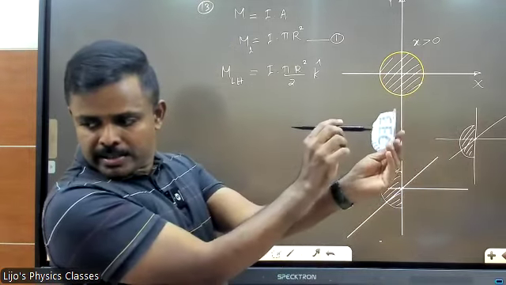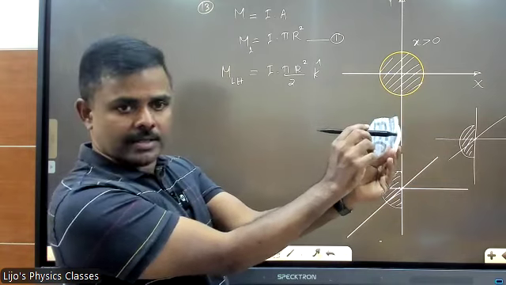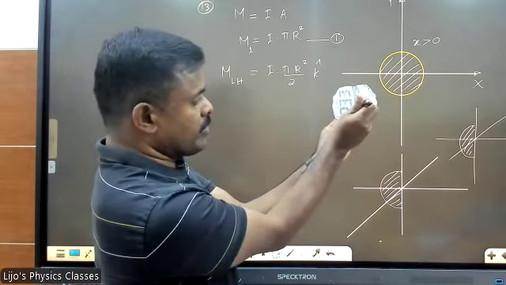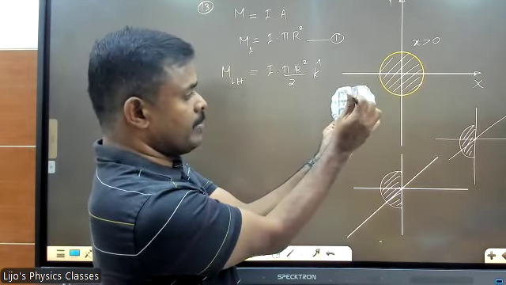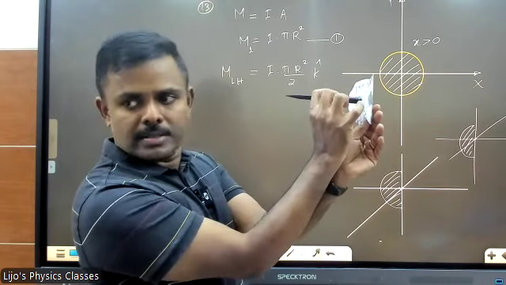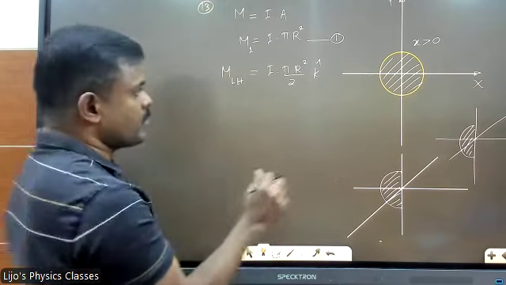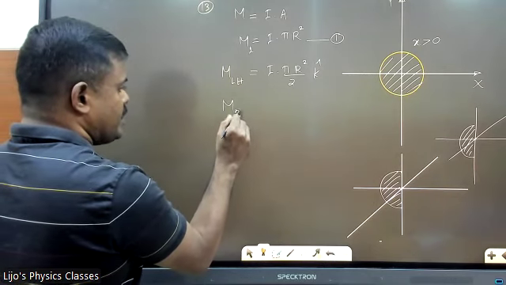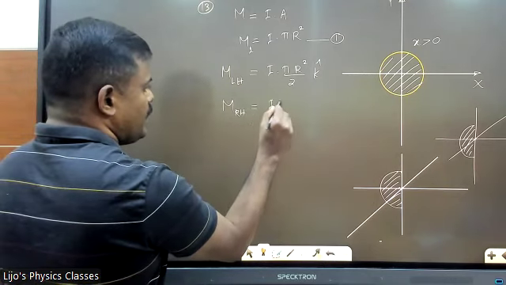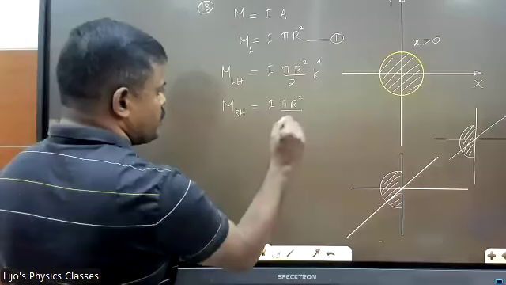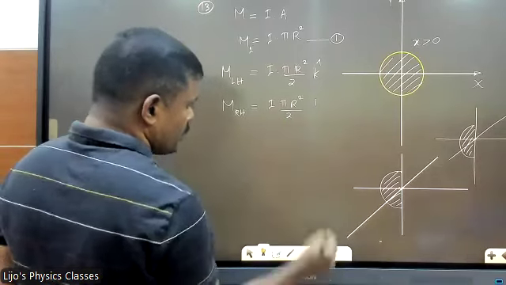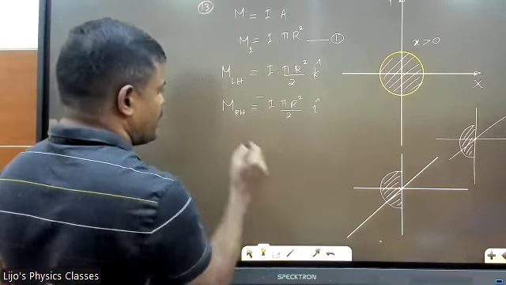This was the area vector. Now when I bend it, the area vector also turns around, right? Correct. The area vector is perpendicular. So what about M on the right-hand side? I pi r square by 2, that is also half, into towards the left, which is called minus i cap.